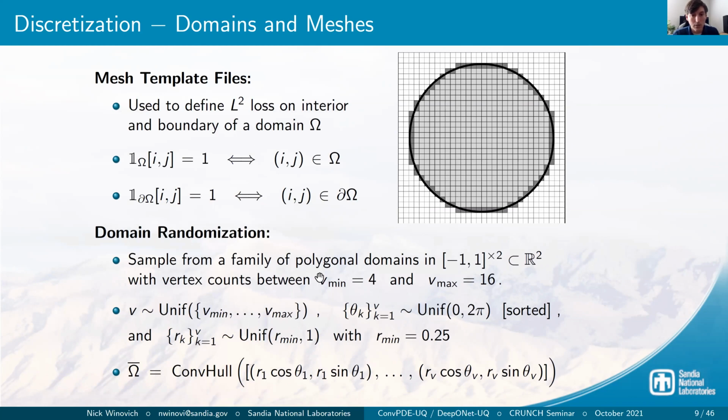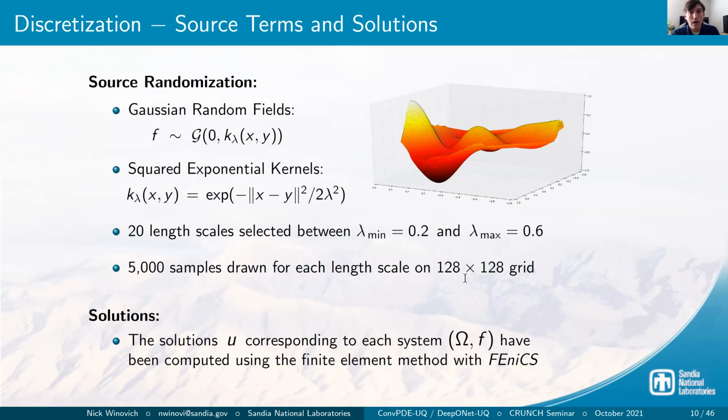And so we randomize a basic set of polygonal domains in this bounded region. So -1 to 1 is this kind of bounding box, so to speak. We sample random domains within that, and then generate source terms and also stiffness terms based on Gaussian random fields. And if it's a stiffness term, we obviously apply some coercivity constraint and force that.